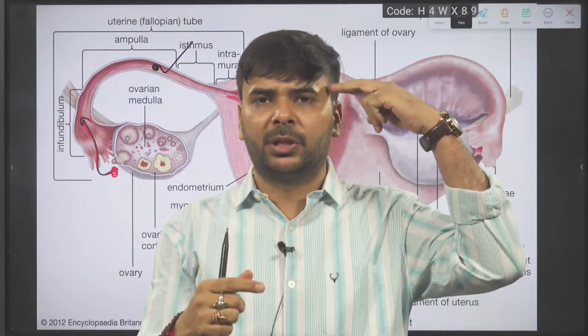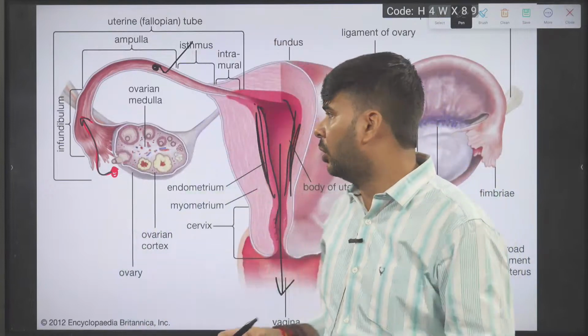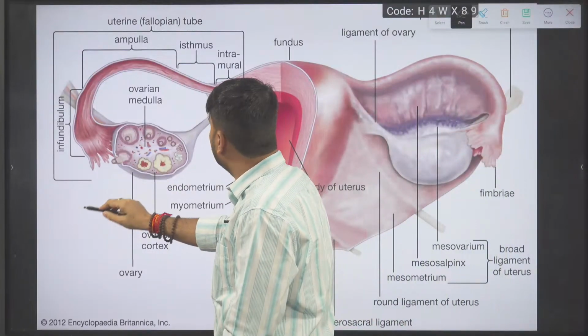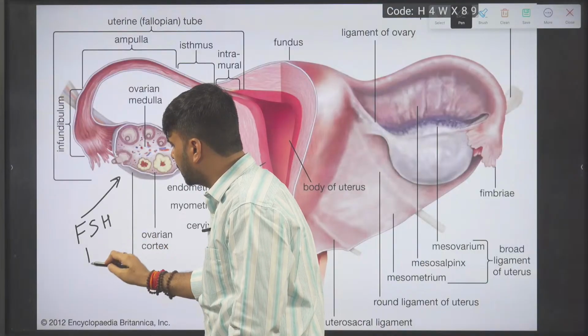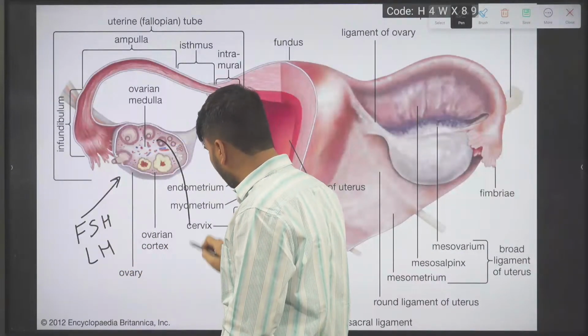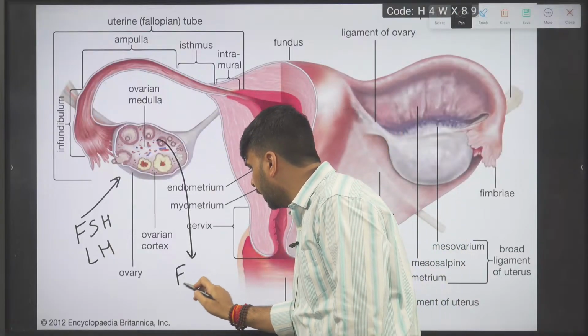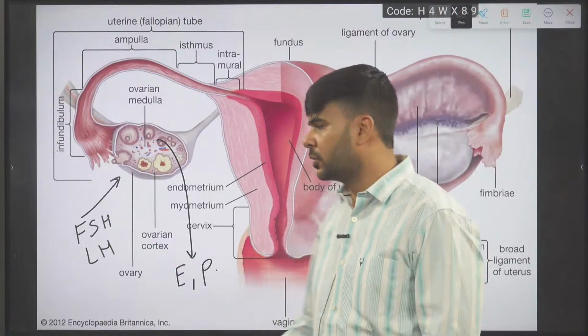FSH and LH from the pituitary work on the ovary. Which two hormones work on the ovary? FSH and LH. And the ovary releases two hormones, estrogen and progesterone.